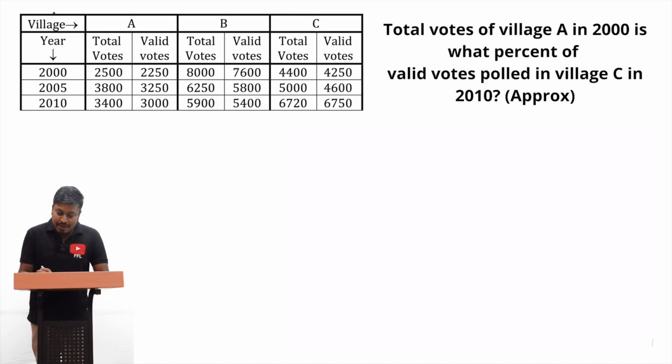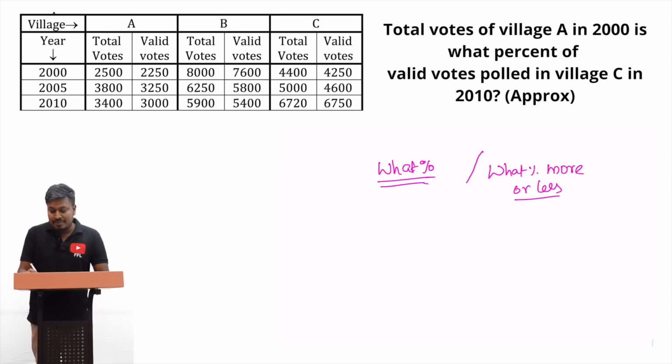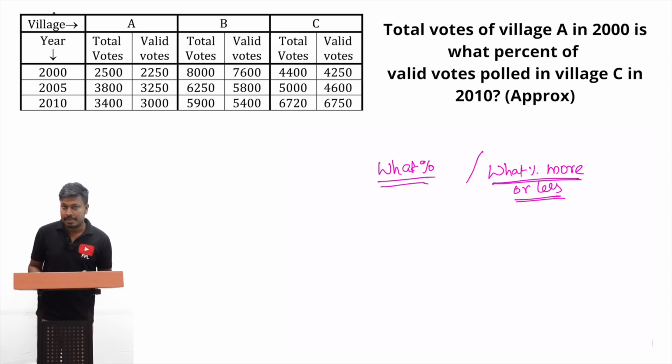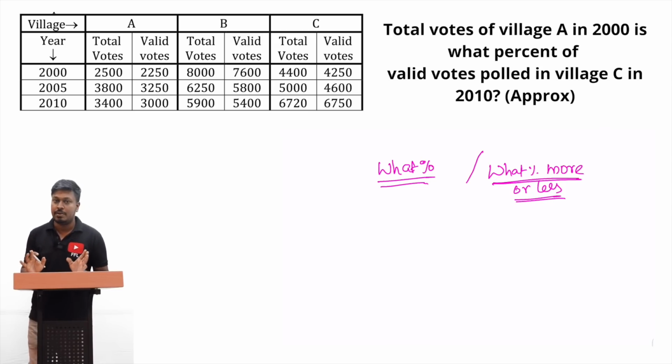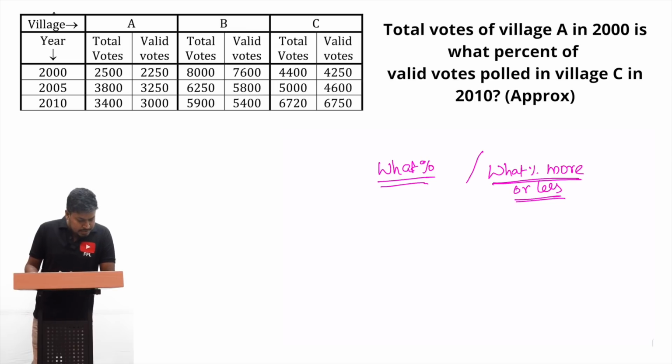Wherever you find these words, what percentage, only what percentage, or what percentage more or less, never forget these two important formulas while solving the DI questions. Now, total votes of village A in 2000 is 2500.